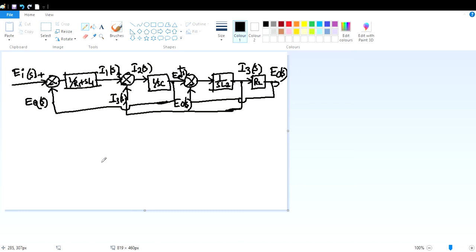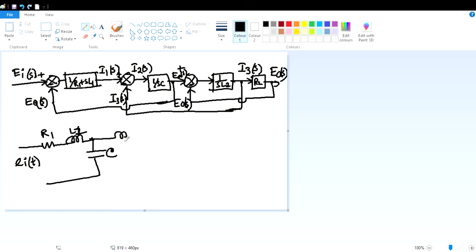So what was that circuit? There was the input voltage EI(t), an inductance L1 and a resistance R1, a capacitance C, an inductance L2 in the second loop, and a resistance R2, and the last thing is nothing but E0(t).